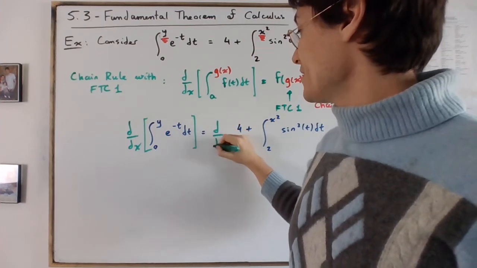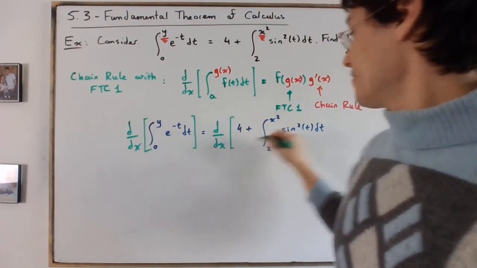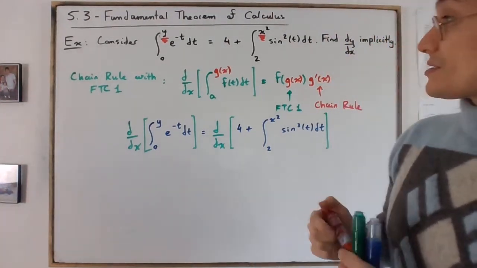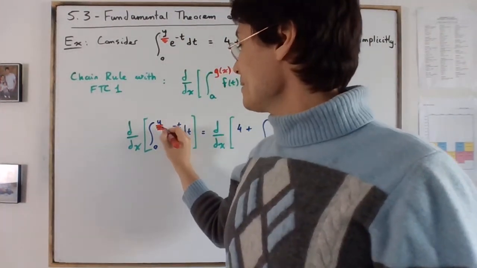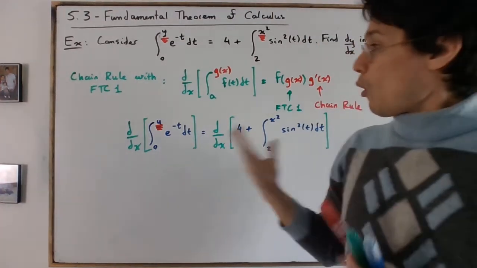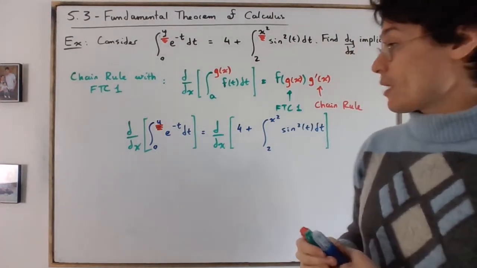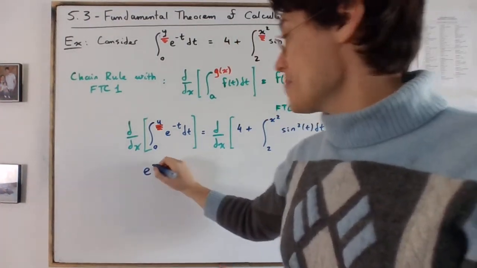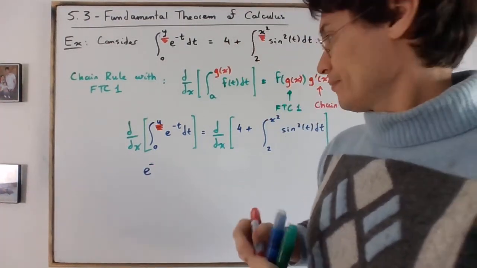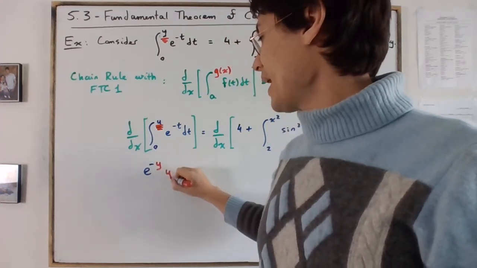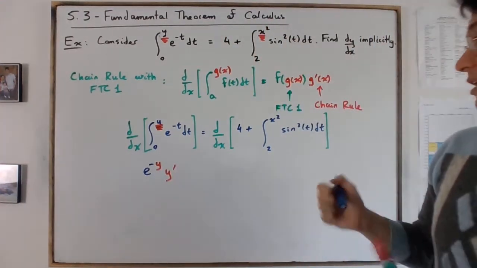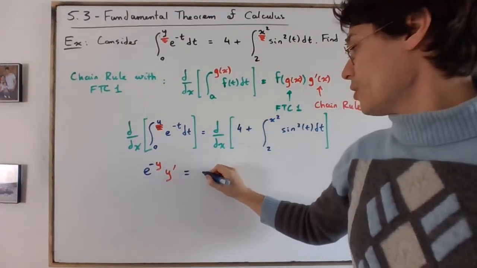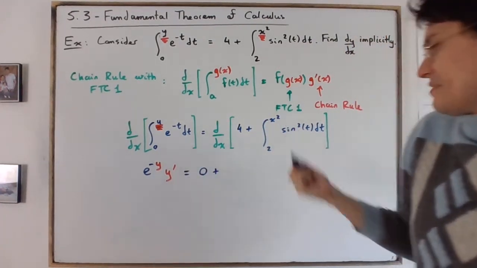Keep in mind that in my setup, the y is the inside function. So I'm going to get e to the negative y multiplied by y prime. And on this side, this derivative is simply 0.